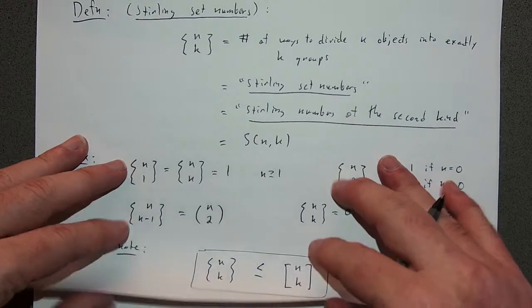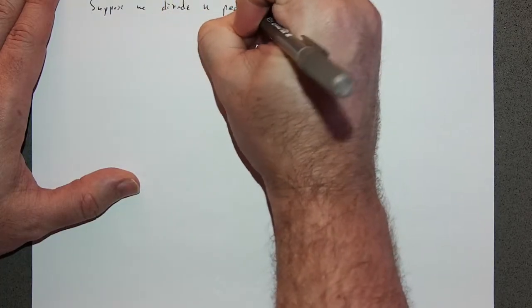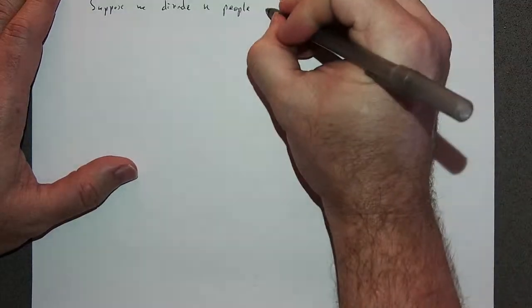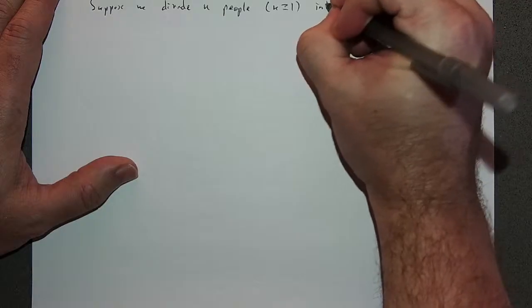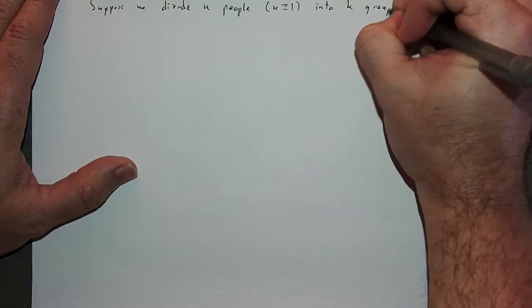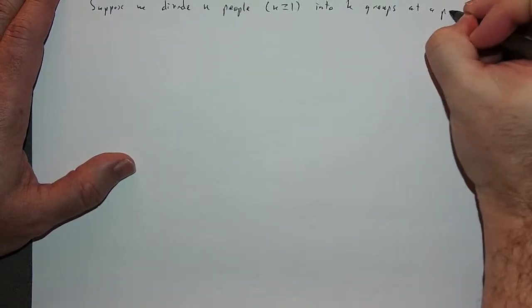Lastly, I want to do the same thing that I did for Stirling numbers of the first kind, to see if there's an analogous thing for Stirling numbers of the second kind. Suppose we divide n people, where n is greater than or equal to 1, into k groups at a party.